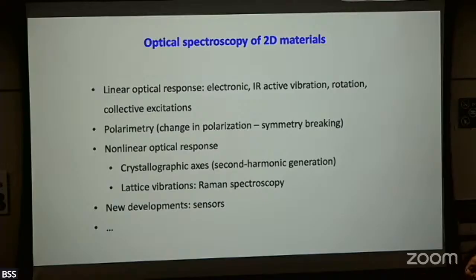And you can also look at nonlinear optics. I think Peter probably mentioned this a little bit earlier, right? In this summer school, if you have a non-centrosymmetric material, you have nonlinear susceptibility. If you look at, for example, second harmonic generation, you will be able to tell the crystallographic orientation, where the armchair or zigzag crystal axes are.